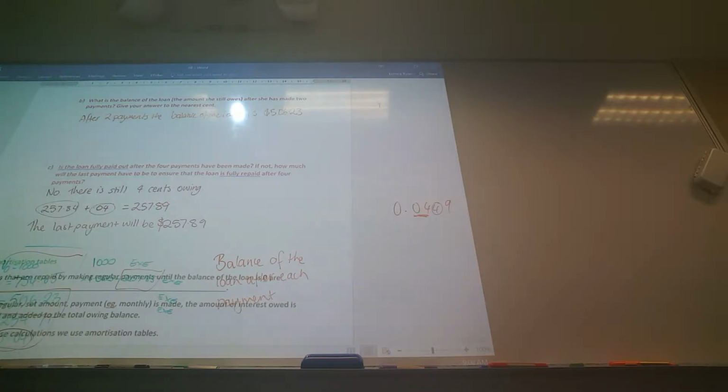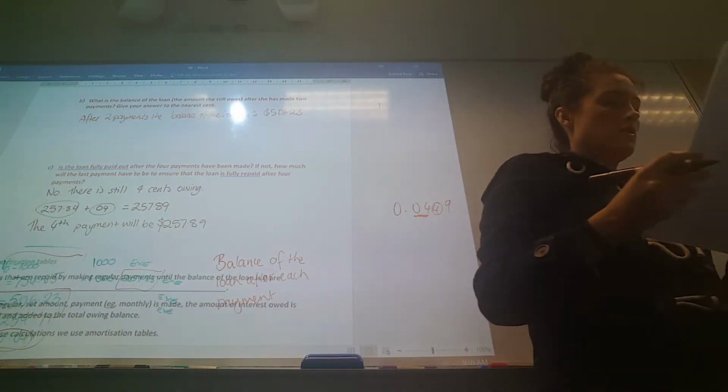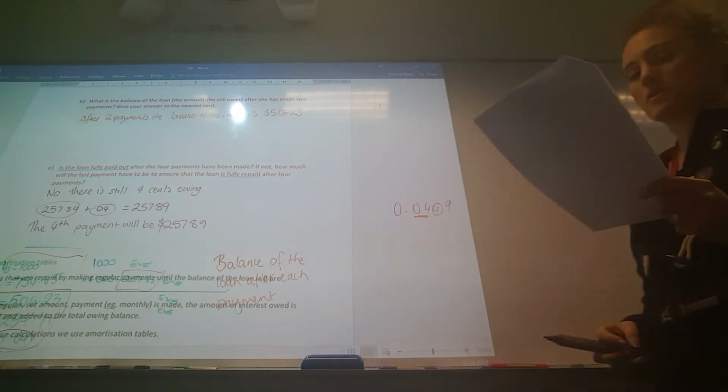If this balance was 0, then that would be fine. That's the fourth payment. Yep, so we're still only paying 4 times.